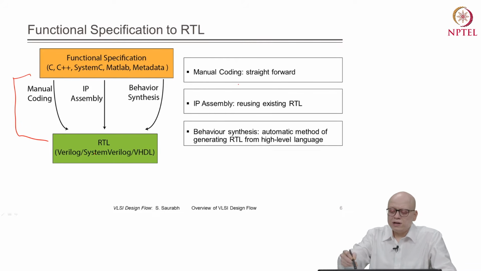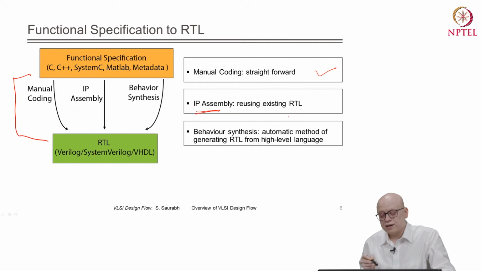Manual coding of a design in Verilog we will look into in later lectures. For now, let's look into this IP assembly method, or reusing existing RTL, of filling the implementation gap, and also the behavior synthesis method.